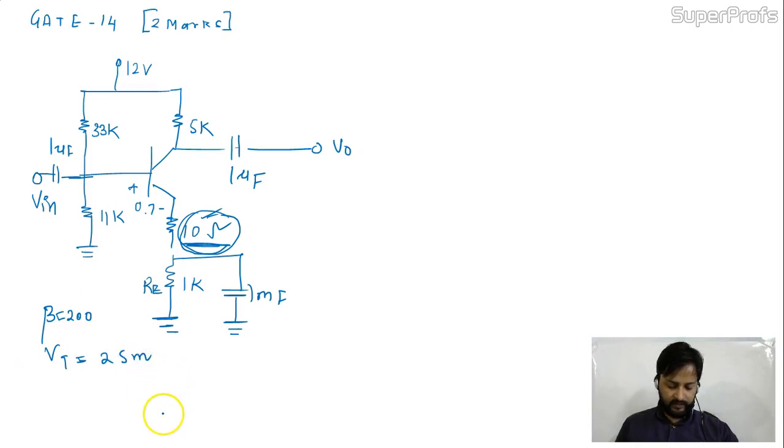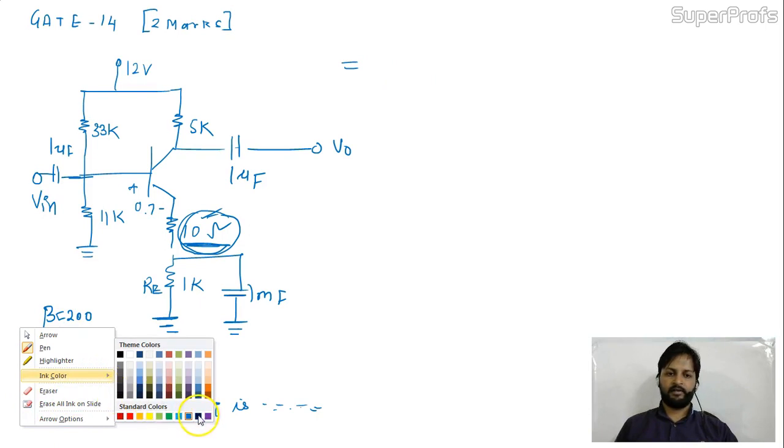The voltage gain Vo by Vi of the amplifier is, it's a fill-up type. Right? Now, definitely we have to do the AC and DC analysis. This is a small signal analysis type of circuit. So first I'll do the DC analysis for this circuit.